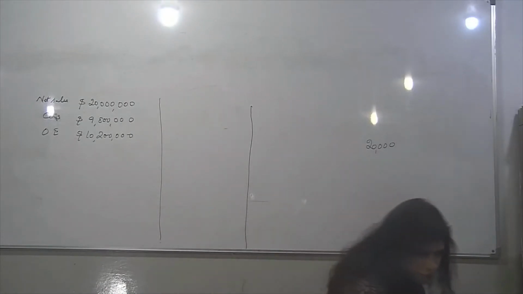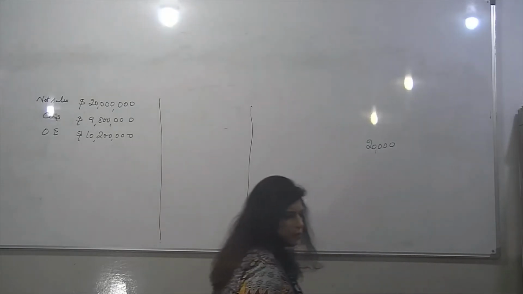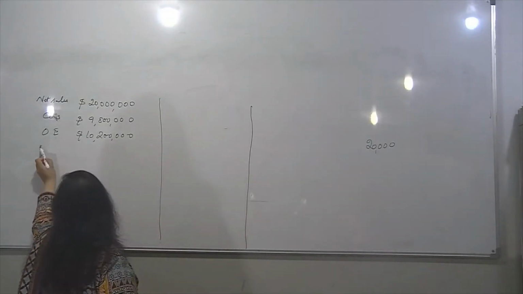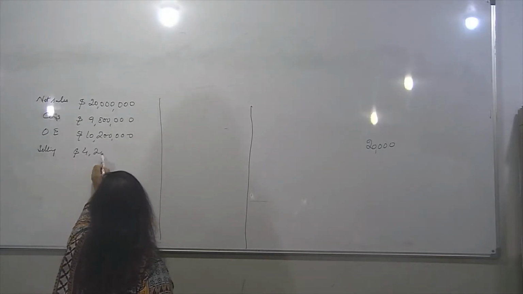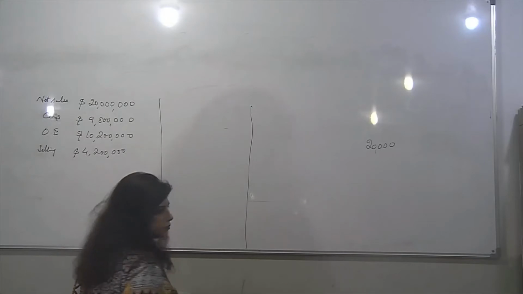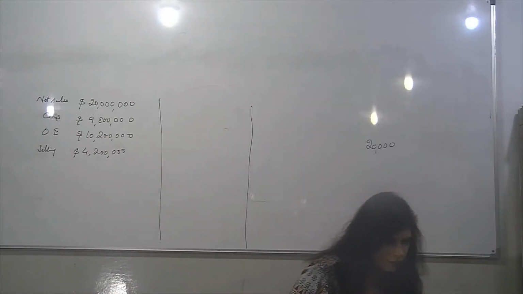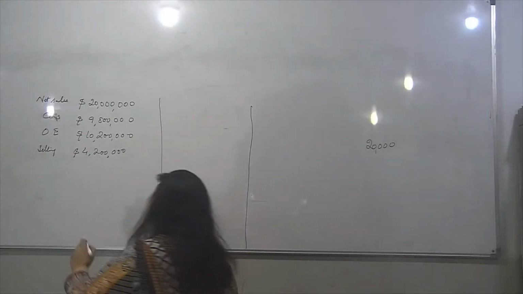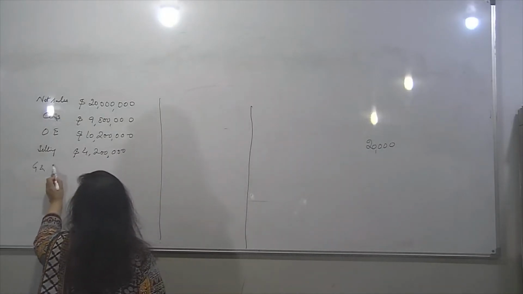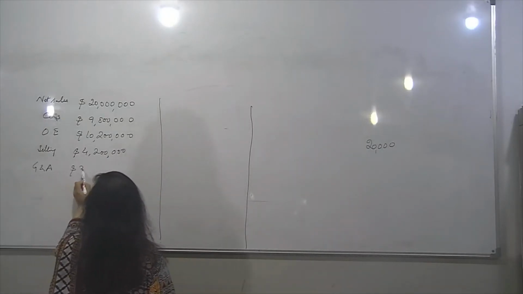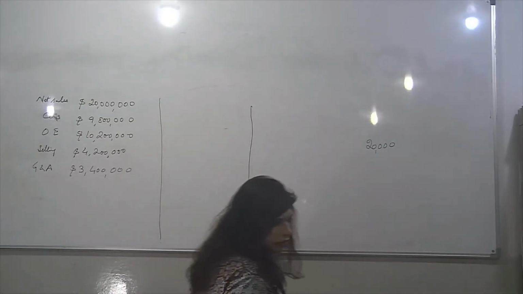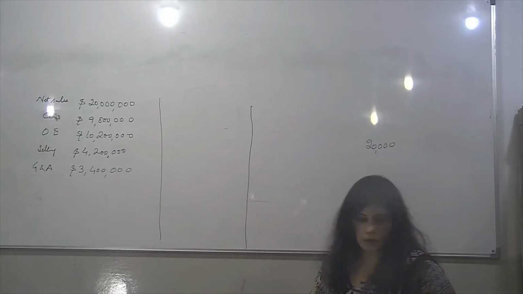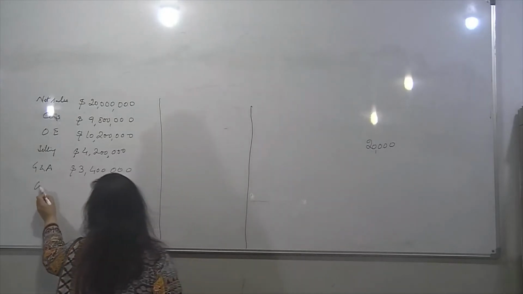and then we can just simply, okay, so we have selling as 4.2 million. Then we have general administrative as 3.4. Okay, guys, I hope the figures are clear to you. So now we have operating expenses at 7.6.